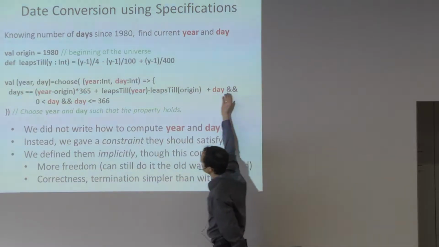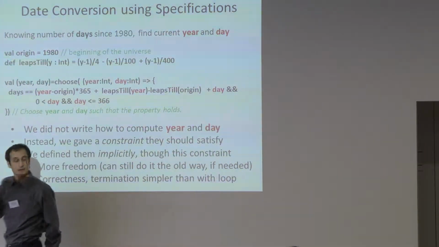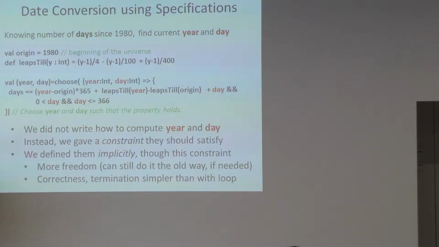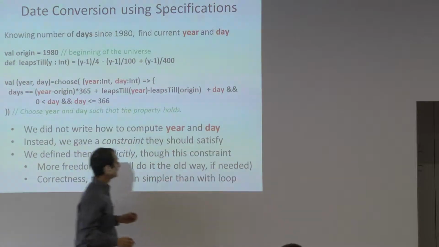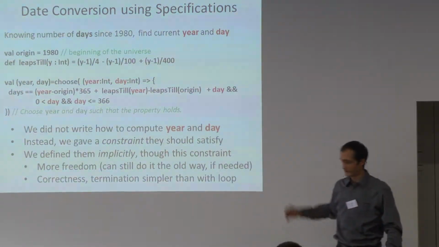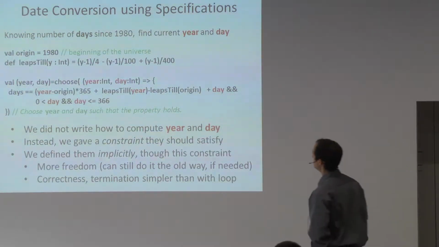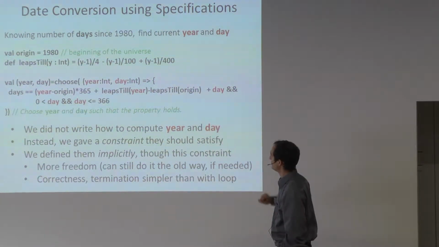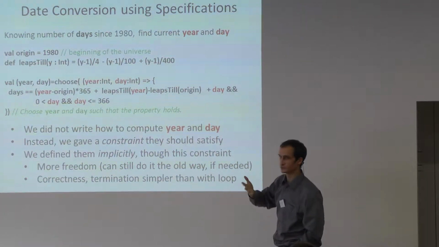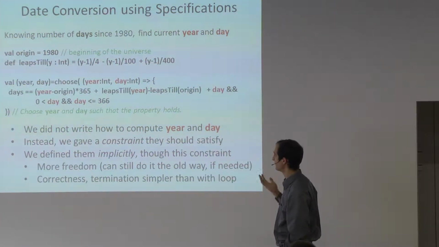So in some sense, in this case, it seems clear that specifying the inverse of the function is easier than specifying the function itself, and that's what we are doing here. The constraint is also, of course, that day is within 0 and 366. And of course, we could have still made an error in the specification, and perhaps we did, but the point is that no matter what we generate, it would satisfy the given constraint, so we could then further analyze it at the constraint level as opposed to analyzing some program with loops.